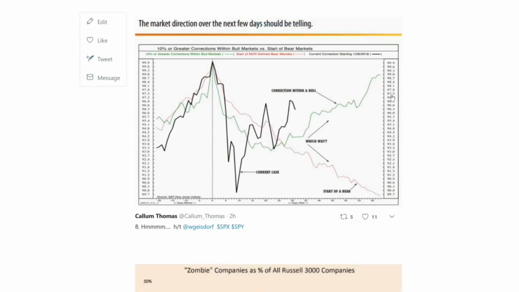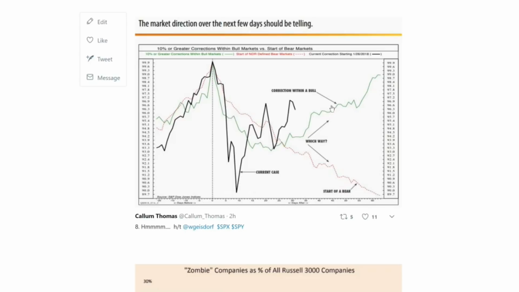Next one, pretty interesting. This one is a little bit out of date because we've obviously had this next leg down, and if you were to update it, that black line would be down around here, and it would be looking like that average red line, actually more like the red line than the green line.